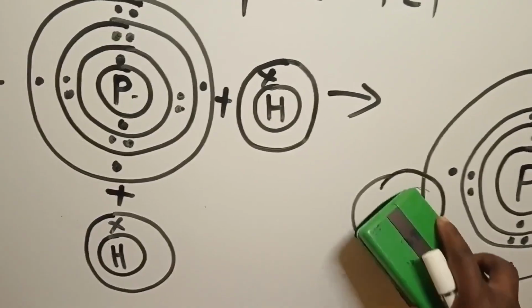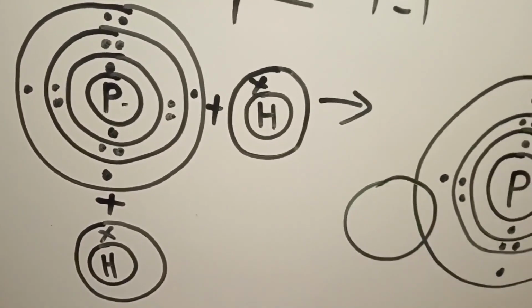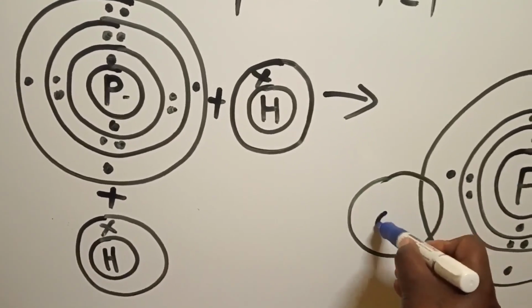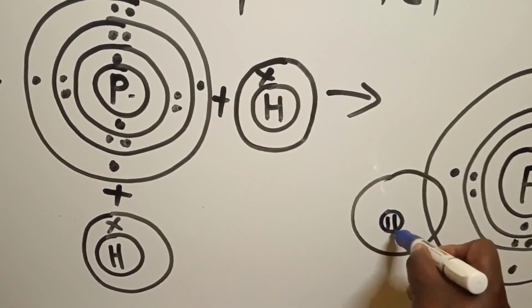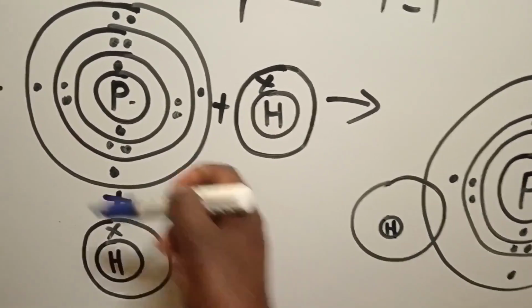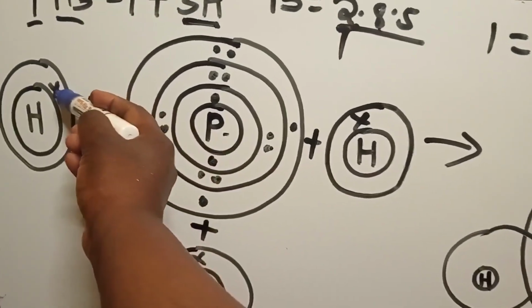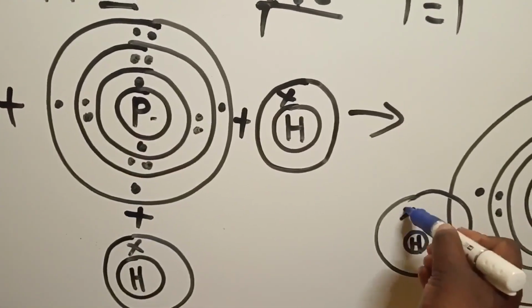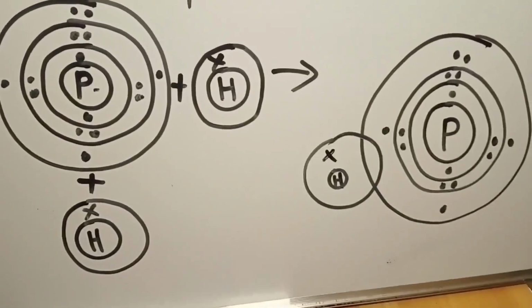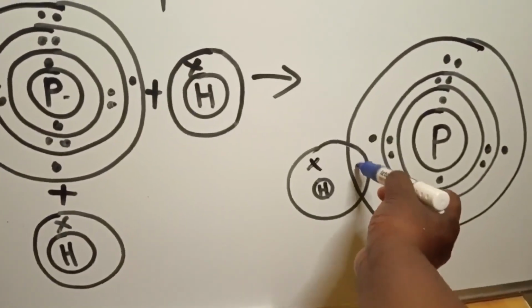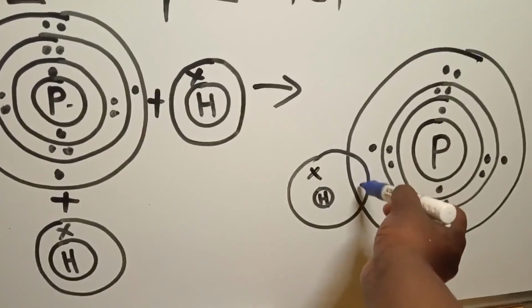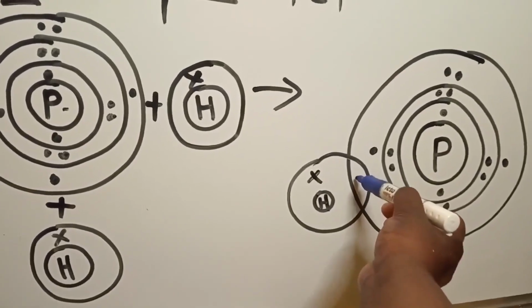We draw that hydrogen there, and we indicate the nucleus, and then we show the only one electron that it had. We first of all write it there. You see this point. This is what is very important at this stage.